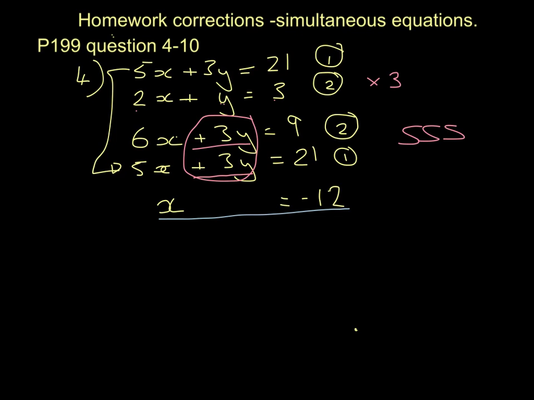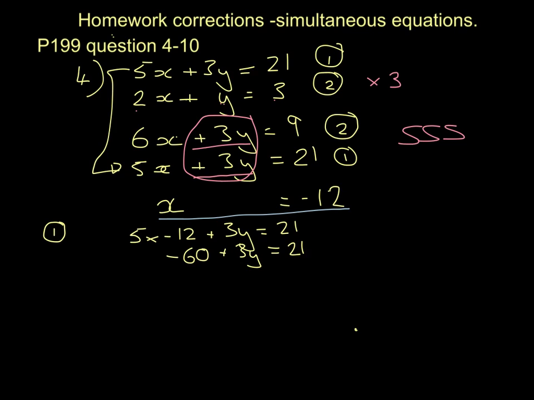Now we want to substitute that back into one of the other equations. I'm going to sub it into 1. So I now have 5 lots of minus 12 plus 3y, and that's going to be 21. 5 times minus 12 is minus 60, plus 3y is 21.